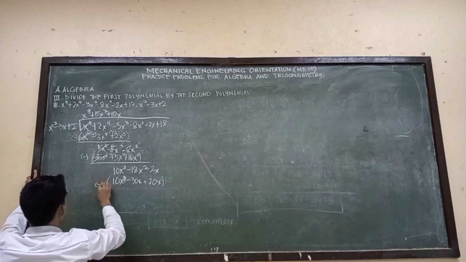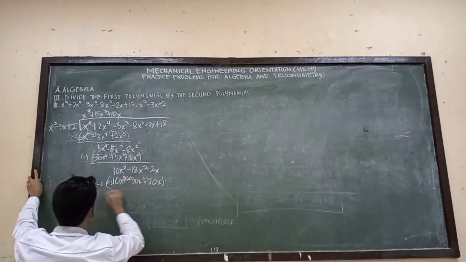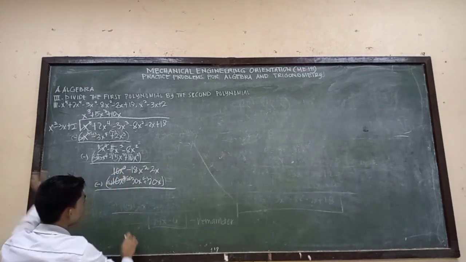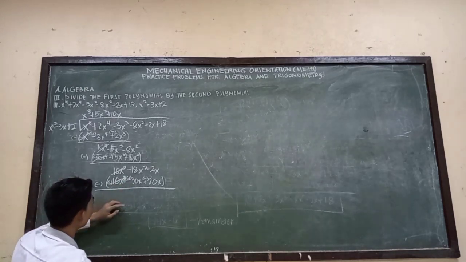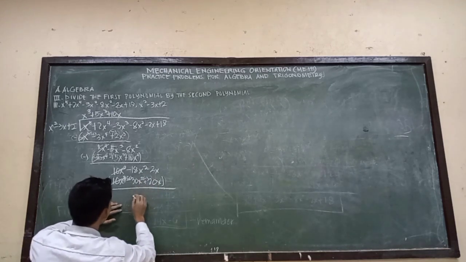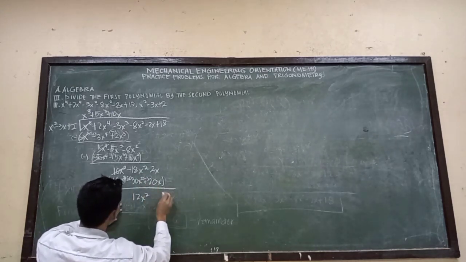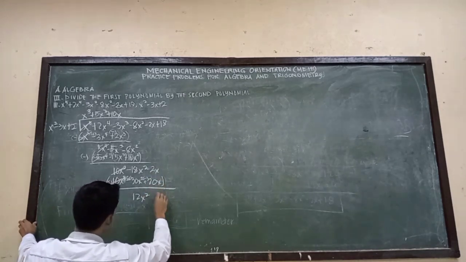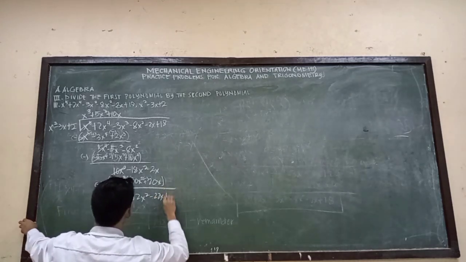Multiply it with negative sign, so it will be negative, positive, and then negative. Cancel. 30x squared minus 18x squared will give us 12x squared, and then negative 2x minus 20x will give us negative 22x, and then bring down 18.